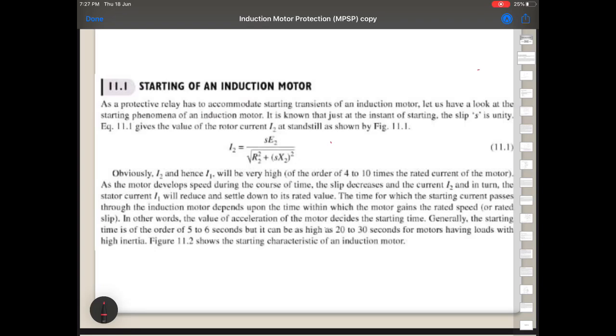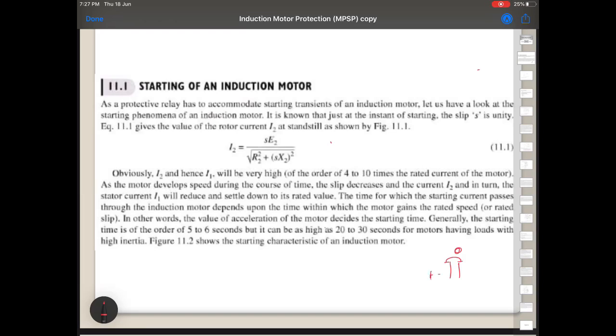During the starting of an induction motor the slip will be very high, correct? Initially, before it starts to rotate, the rotor speed will be 0, so the stator flux and the rotor will not be aligned, the rotor will be somewhere at this position.